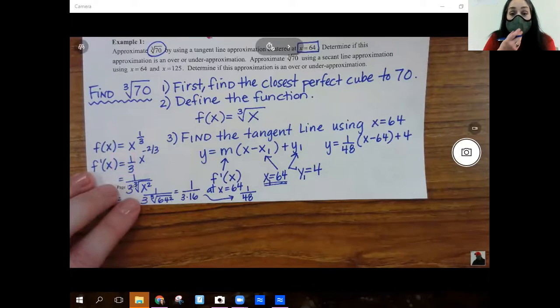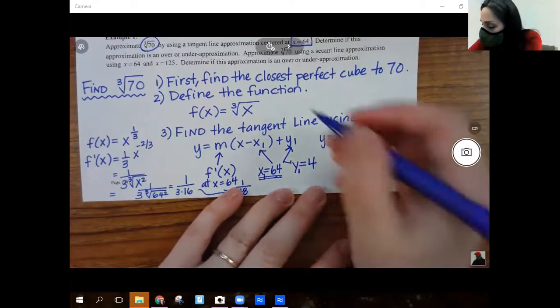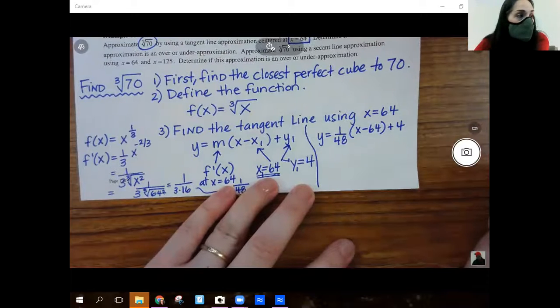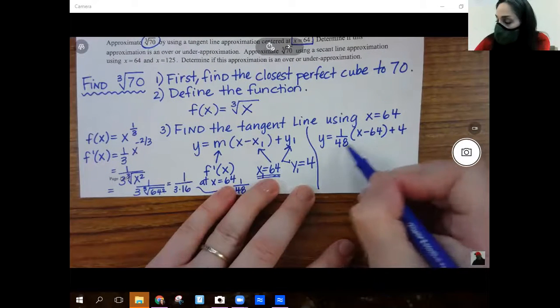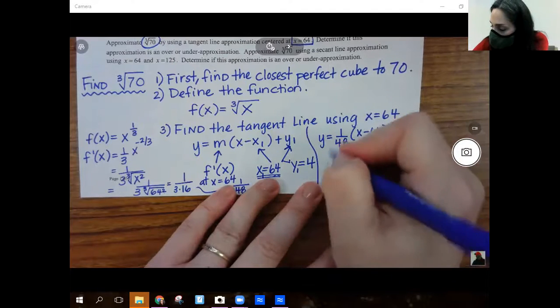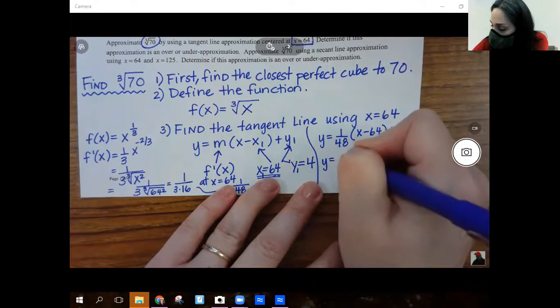The closer I am to the value I'm actually looking for, the more accurate my approximation will be. All right, so this is the last step. This is where the magic comes from. You're gonna actually figure out the cube root of 70, but you're gonna use the tangent line to help you do that. So you're gonna plug 70 in for x.